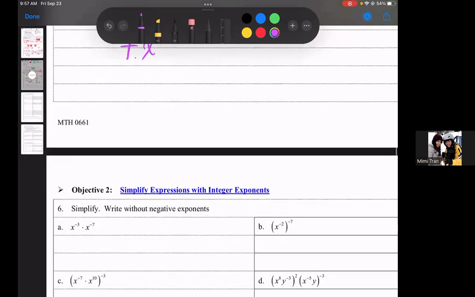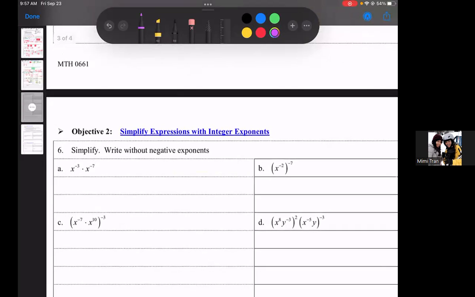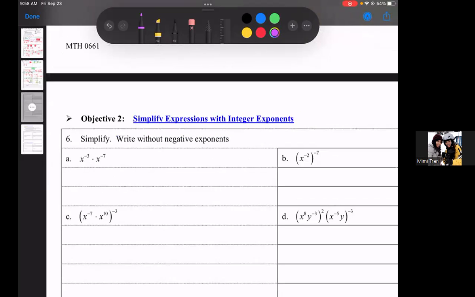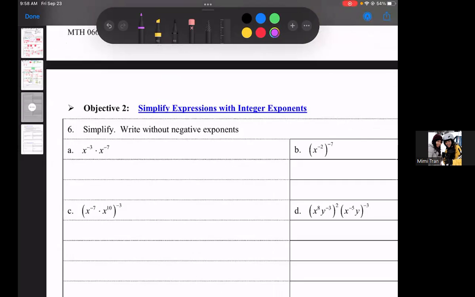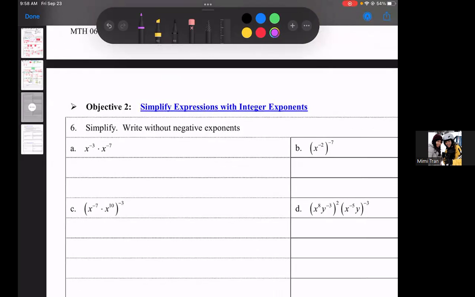All right. Objective 2 is similar-ish. Now it's just slightly more complicated, but you know all the rules before. All you do is combine them together and decide what to do first. So for example, if I have x to the negative 3 times x to the negative 7, what do you do? Recall again.